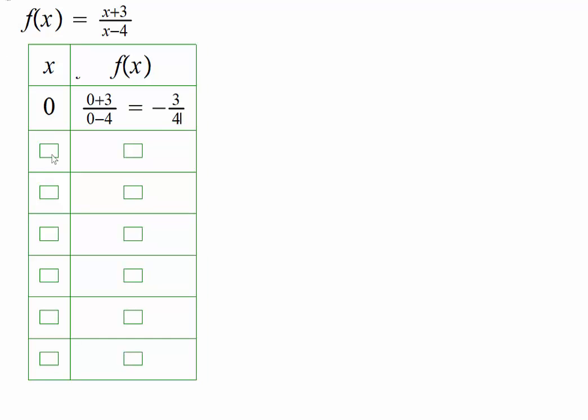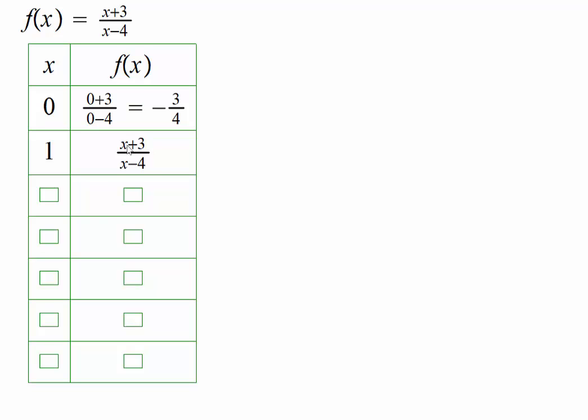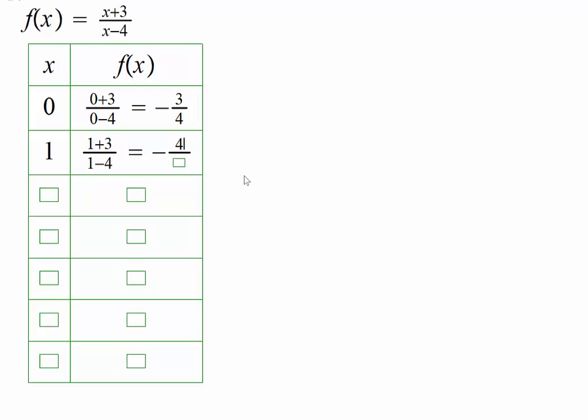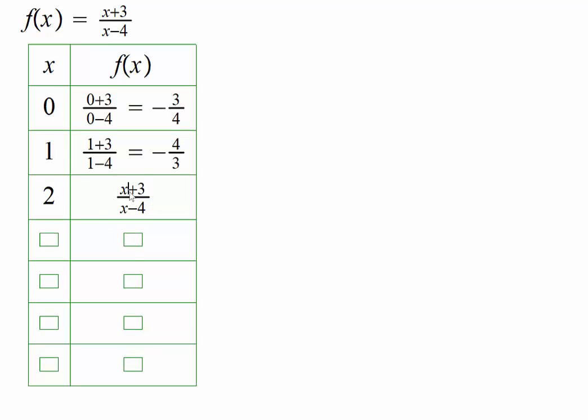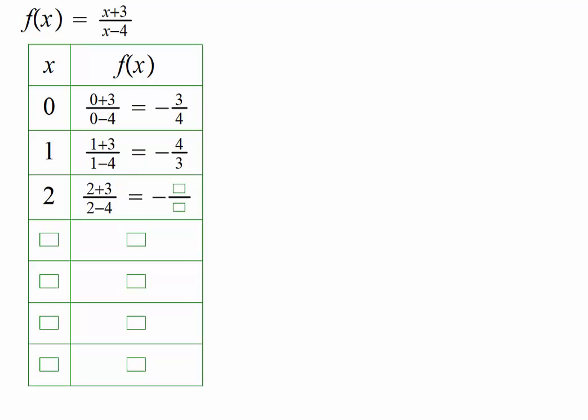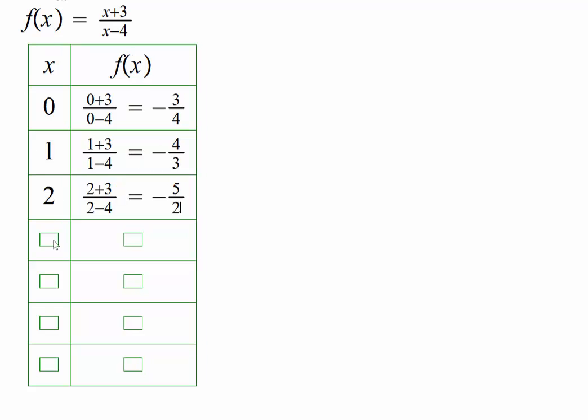And then for 1 it would be 1 plus 3 over 1 minus 4, that is going to be negative 4 over 3. In this manner, let's write it for 2 also. That's going to be negative 5 over 2.